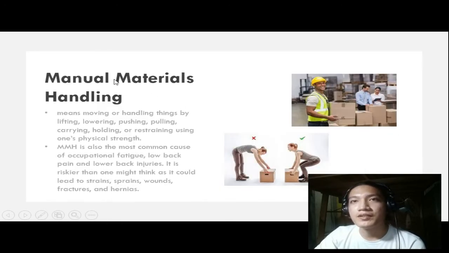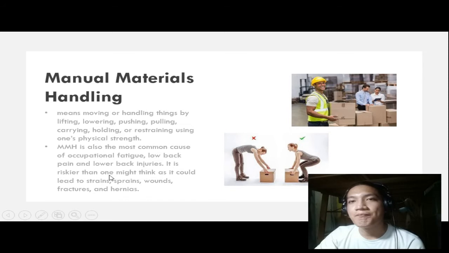So, what is manual materials handling? It means moving or handling things by lifting, lowering, pushing, pulling, carrying, holding, or restraining using one's physical strength. Manual materials handling is also the most common cause of occupational fatigue, low back pain, and lower back injuries.